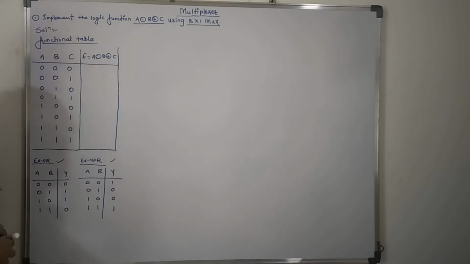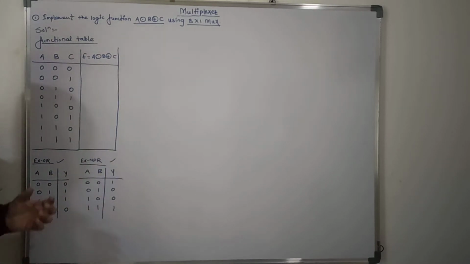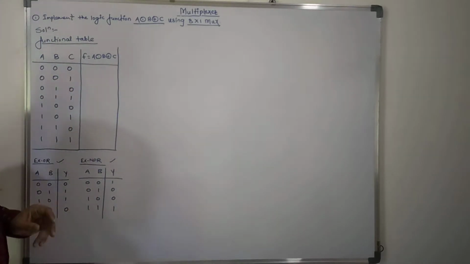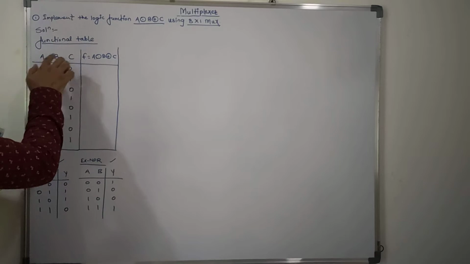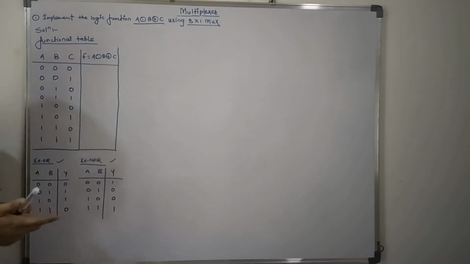XOR is 0 0 is 0, 0 1 is 1, 1 0 is 1, 1 1 is 0, exactly opposite of XNOR. By using these two truth tables, we have to solve the function for the three inputs A XNOR B XOR C.